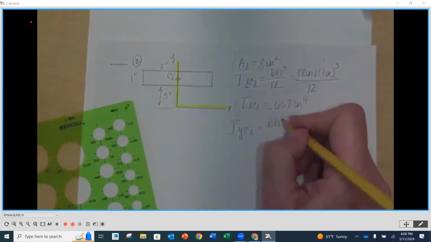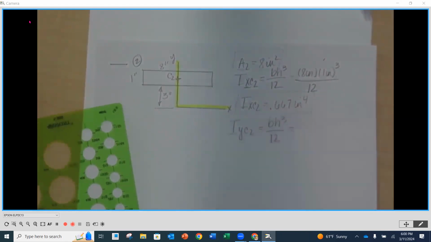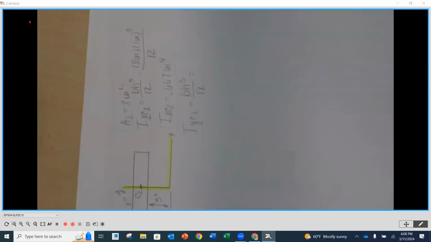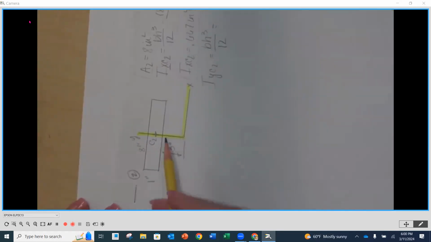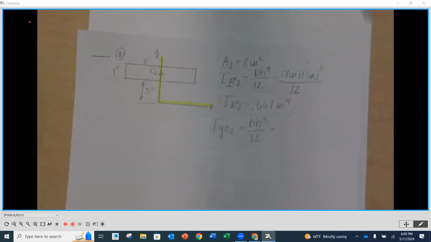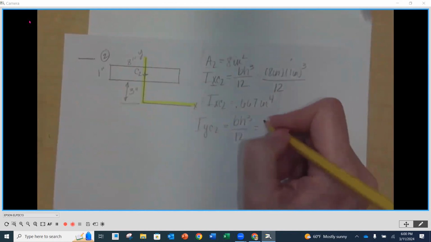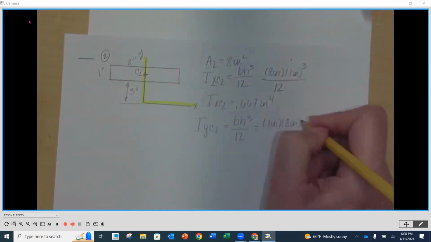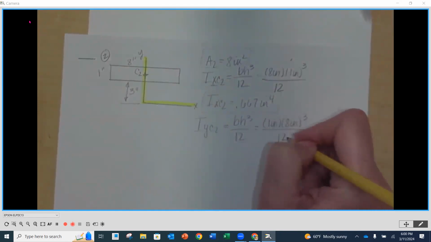Base times height cubed again, divided by 12. Now, because this is the y-axis this time, it's kind of like we're sitting it down this way, a different orientation. So your base is going to be parallel to the y-axis. So this time our base is 1 and our height is the 8. And we have to cube the 8 this time.